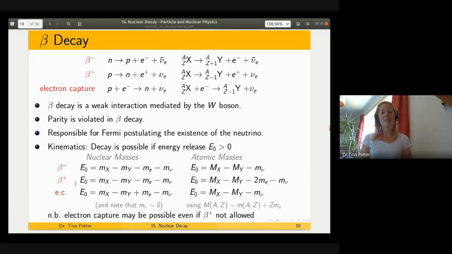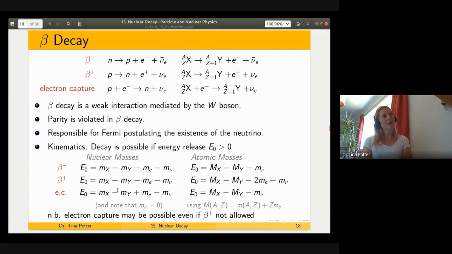If you look at beta plus decay, a positron is being kicked out of the nucleus, and a proton is changing into a neutron, and so an electron is also kicked out of orbit to give us an overall neutral atom. So this is why we don't have the subtraction of the electron energy here, because it's essentially accounted for in the gain of the electron in orbit. And we have to subtract 2 here because we've got one being kicked out of the nucleus and one being kicked out to make it a neutral atom.